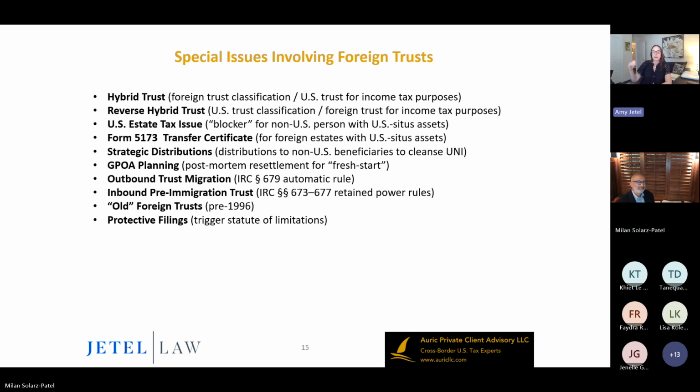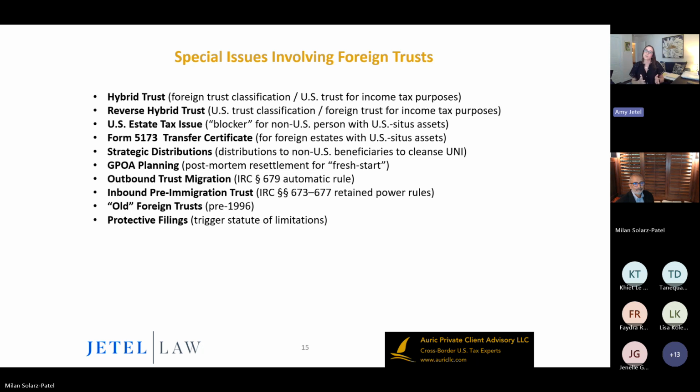But you can make distributions in year one to the non-US people, legit distributions to the non-US beneficiaries, cleansing out the UNI of the trust, not subject to US tax because they're non-resident aliens. And then in the next year, start making distributions to the US people.